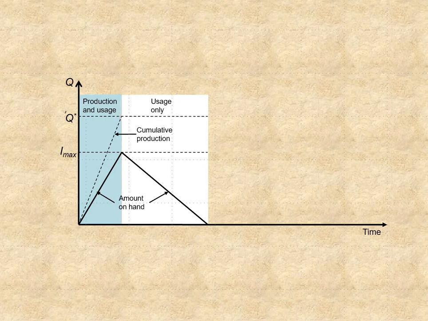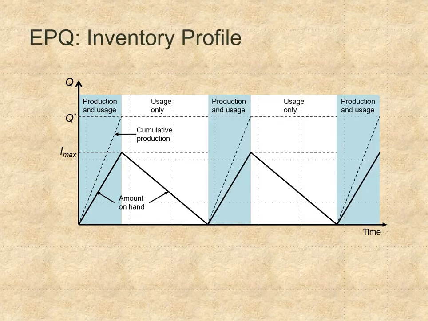After this time point, we stop production. That means the amount of products on hand can only be decreasing starting from this point. Now, as the amount on hand reaches 0 here, then we start another production stage.